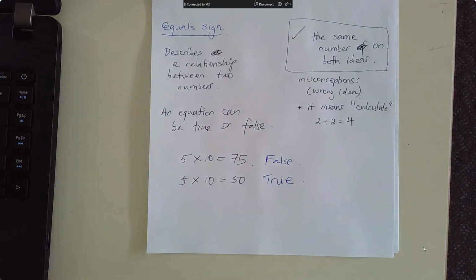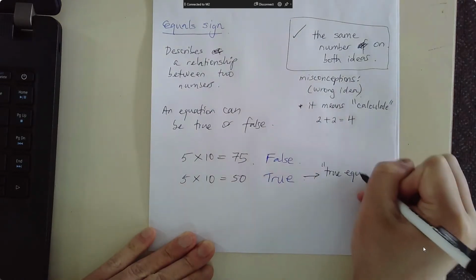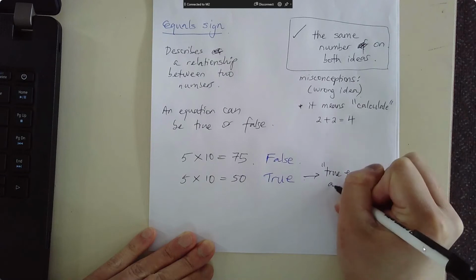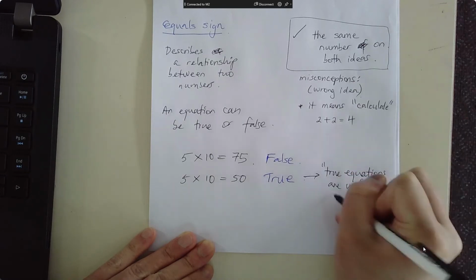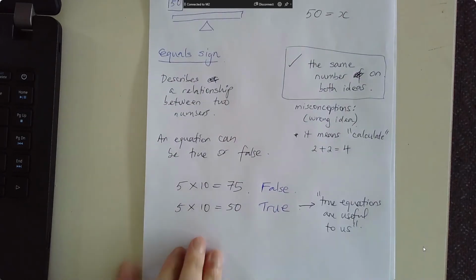Equations that are true are useful to us. Alright, so remember, equal sign describes a relationship between two numbers. They have the same value. Now that we know that, it's time to start our journey into algebra and solving equations.